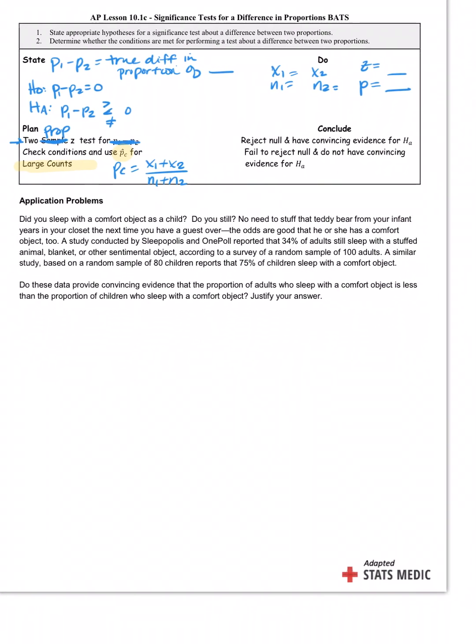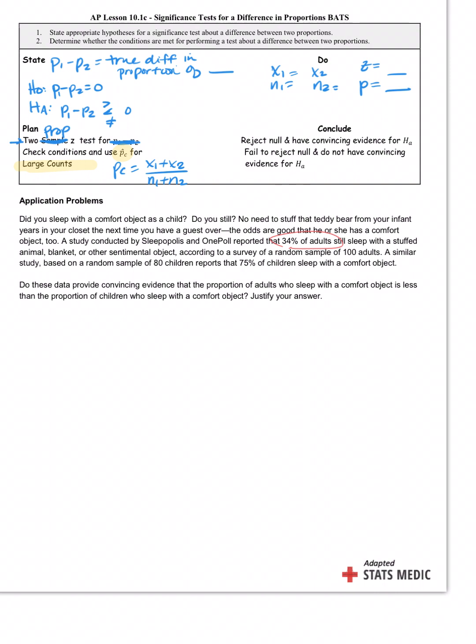Sure. Okay. So here's the question. Did you sleep with a comfort object as a child, or do you still? No need to stuff that teddy bear from your infant years in your closet the next time you have a guest over. The odds are good that he or she has a comfort object too. A study conducted by Sleepopolis and OnePoll reported that 34% of adults still sleep with a stuffed animal, blanket, or other sentimental object, according to a survey of a random sample of 100 adults.